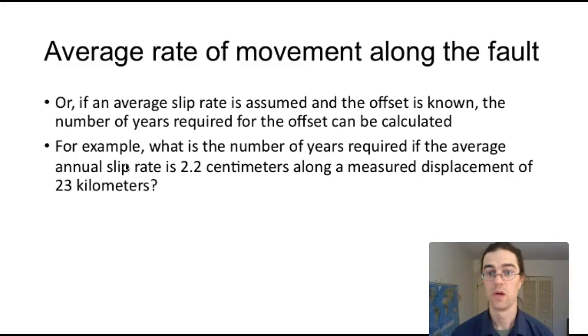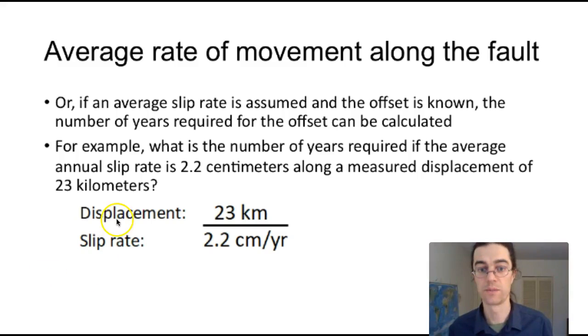For example, what is the number of years required if an average annual slip rate is 2.2 centimeters along the measured displacement of 23 kilometers? So we're just playing math equations here, but in a spatialized sense, calculating different variables in the equation.